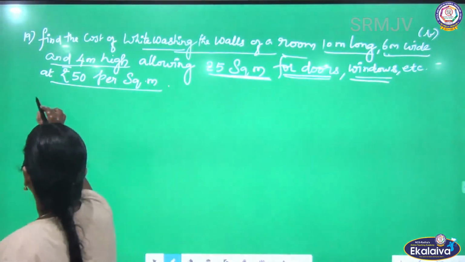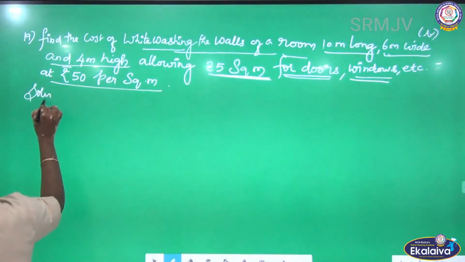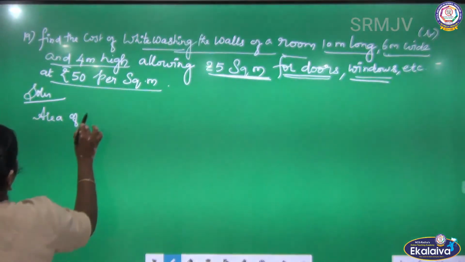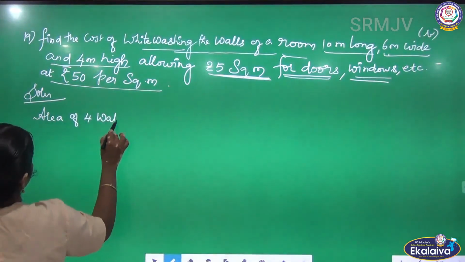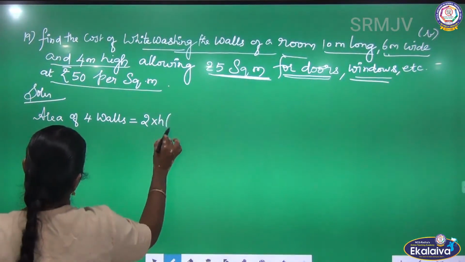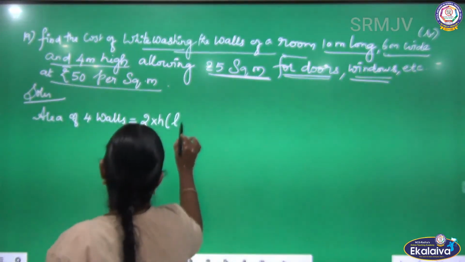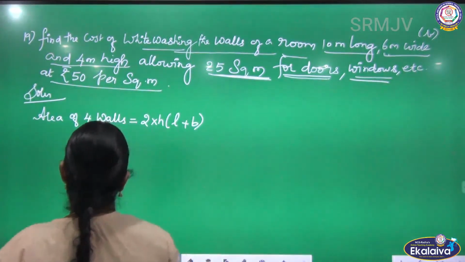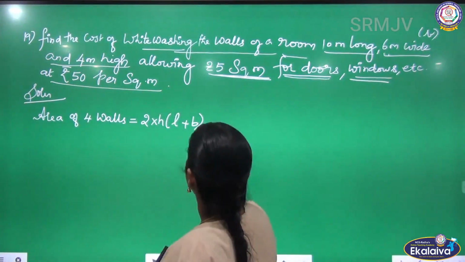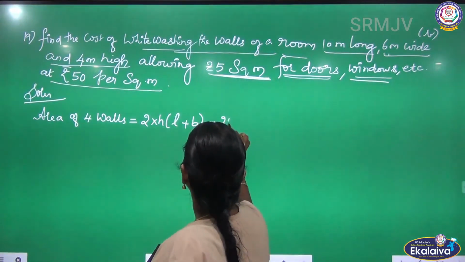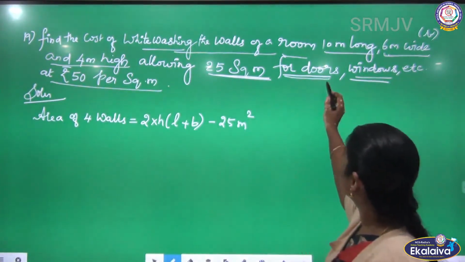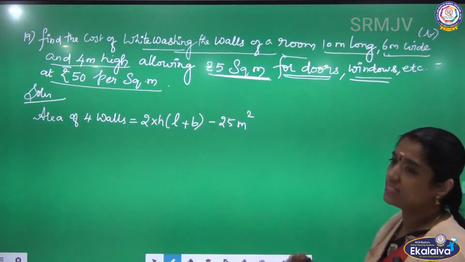So now what I am going to do this, listen. Area of 4 walls is equal to 2 into H, L plus B. Okay, here minus 25 meter square, because I am going to subtract this doors and windows here.